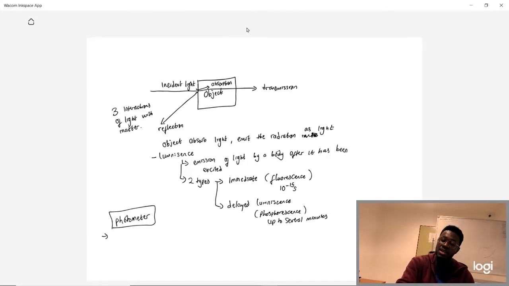Does it detect reflected light, absorbed light, or transmitted light? It detects transmitted light, and the aim is to find out the intensity of light that is absorbed. So it detects transmitted light in order to calculate the absorbed light.